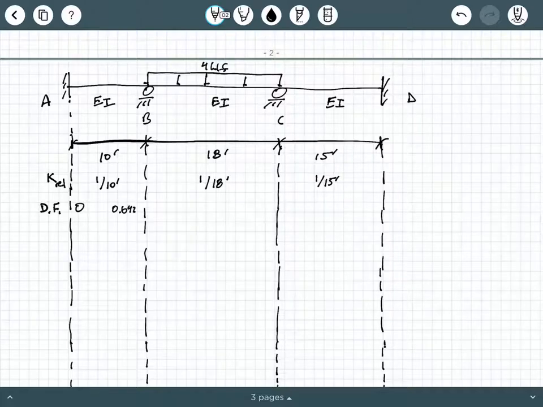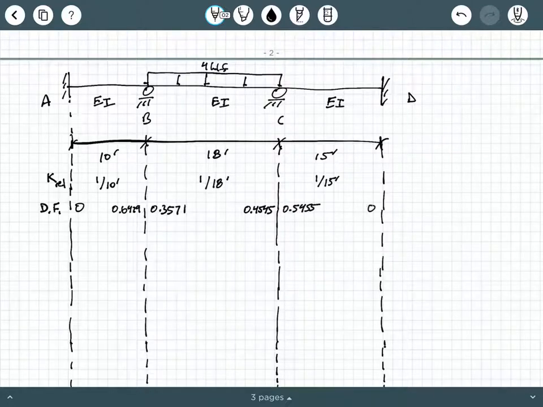We had a 0.6429. And then we had a 0.3571. And then we had a 0.4545. We had a 0.5455, and then we had 0 again.